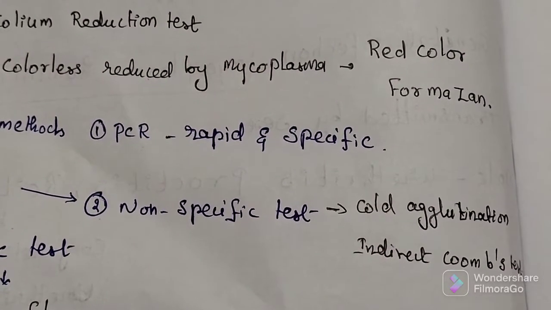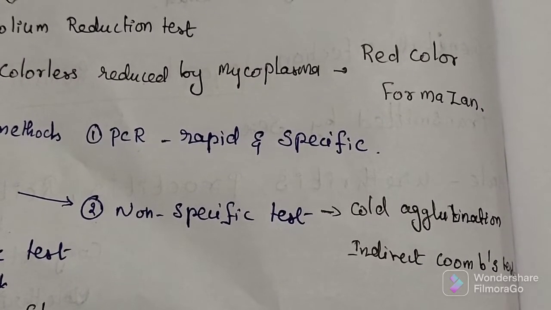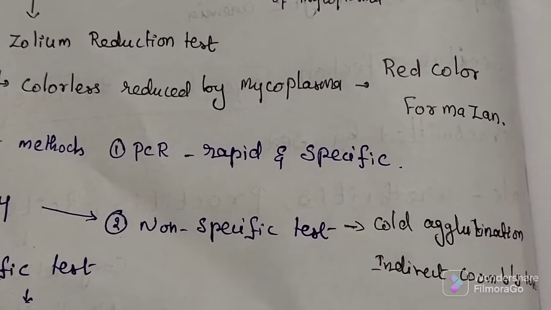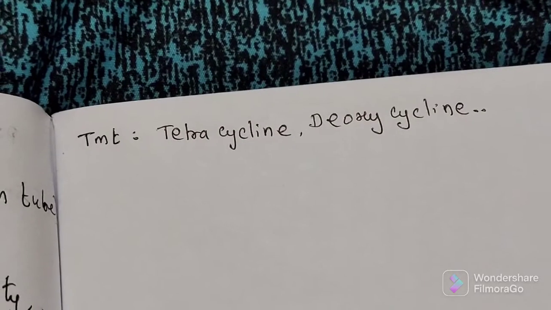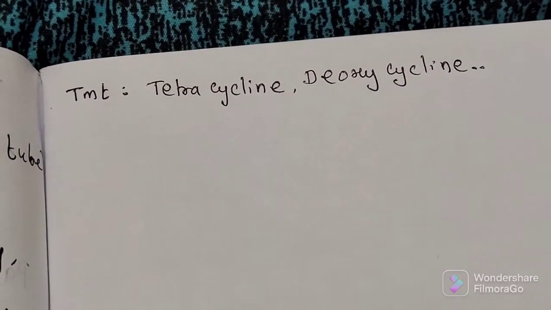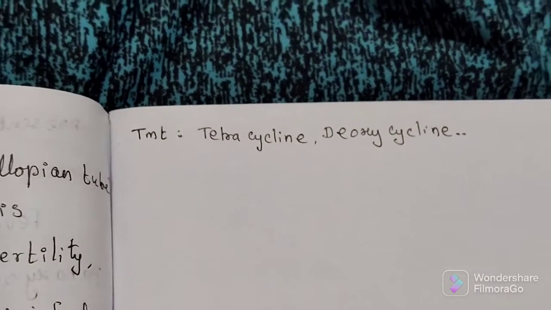The non-specific tests include the cold agglutination test and indirect Coombs test. Finally, the treatment of choice is tetracycline and doxycycline. These are all about mycoplasma.